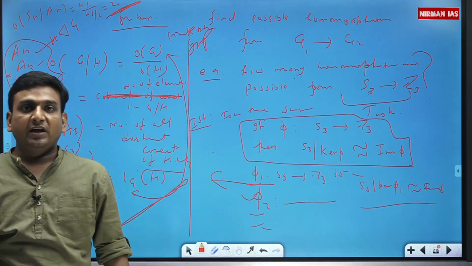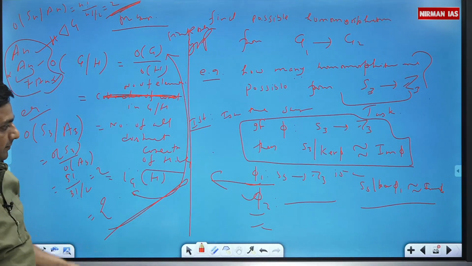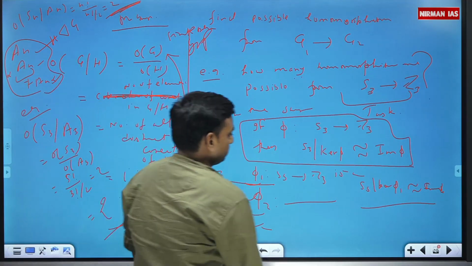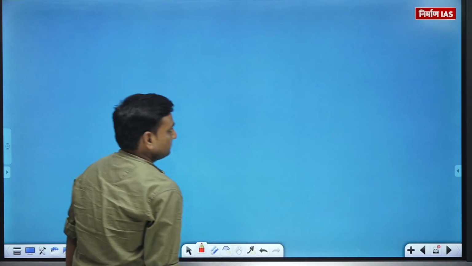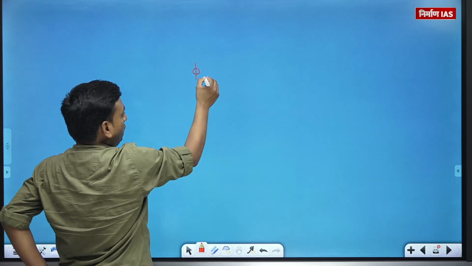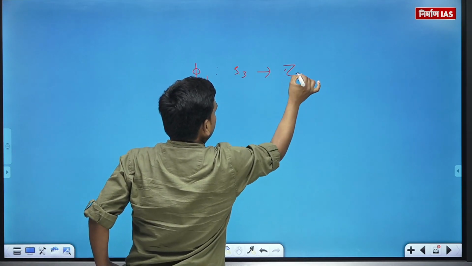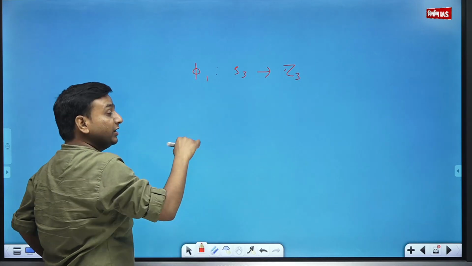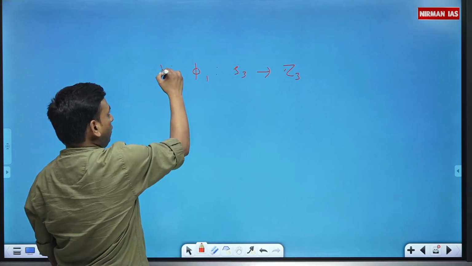When I use the first isomorphism theorem, I will be using this thing. Let's say I want to know whether phi1 from S3 to Z3 is a homomorphism or not. Then how do we proceed?